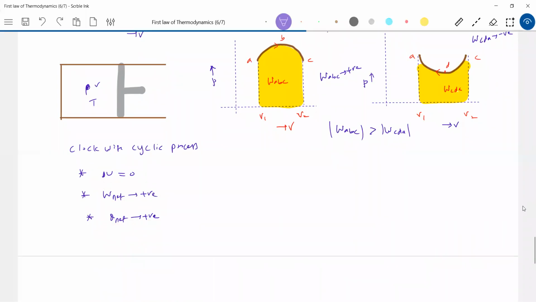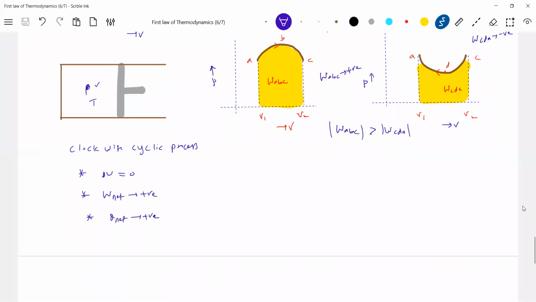Similarly, for a counterclockwise or anti-clockwise cyclic process, what is delta U?